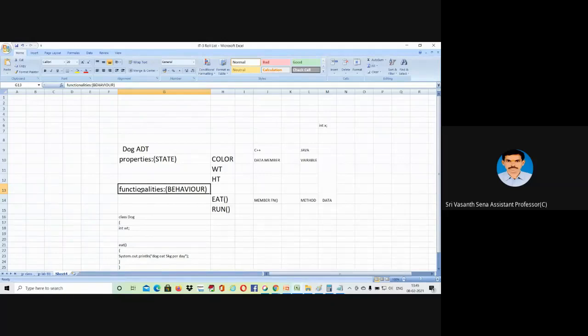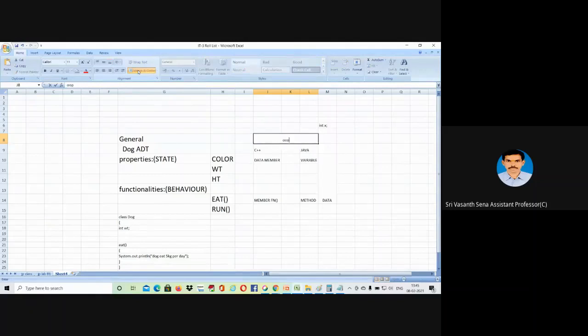Okay, this property or functionalities by birth it has some. This is a general representation. This is in general. In general, it has some properties and functionalities. Whenever you are thinking from a C++ point of view, C++ and Java both are object-oriented programming languages, right?